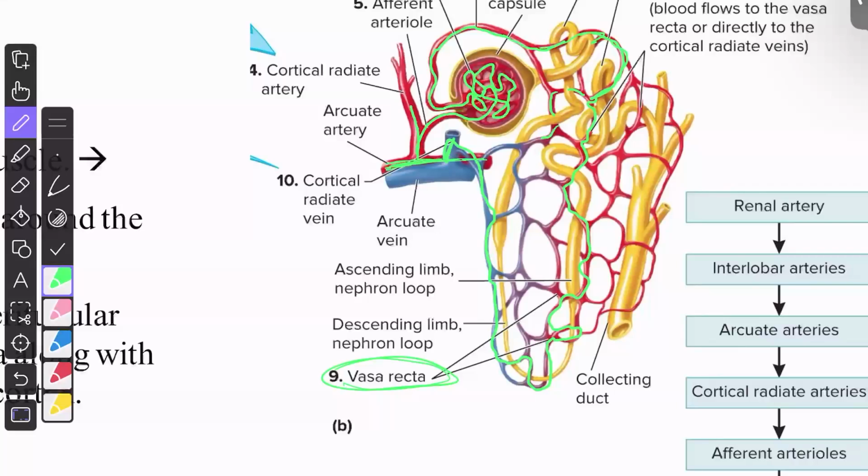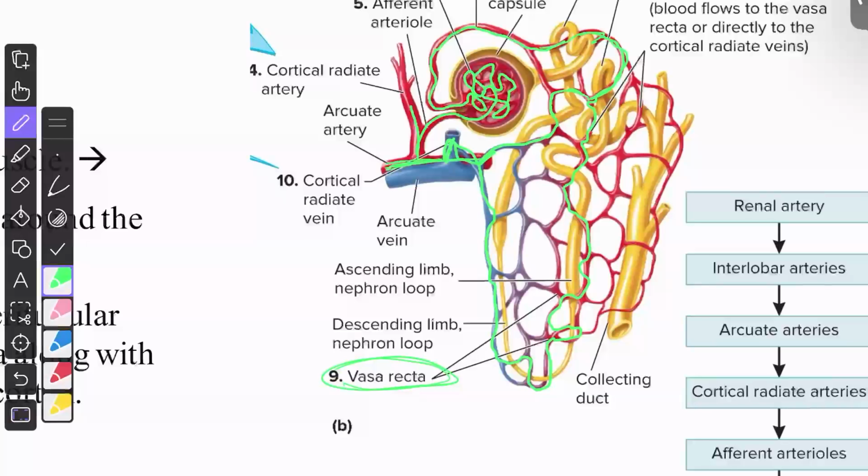The blood that doesn't go to the vasa recta, the blood that's just in the peritubular capillaries, will also enter into that cortical radiate vein. The difference is how far the blood travels.